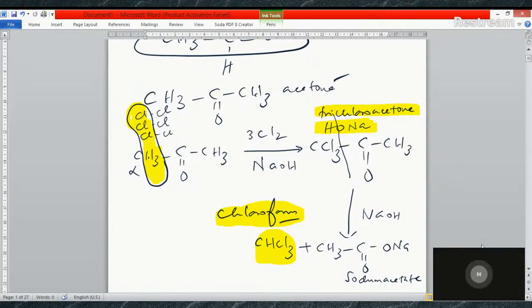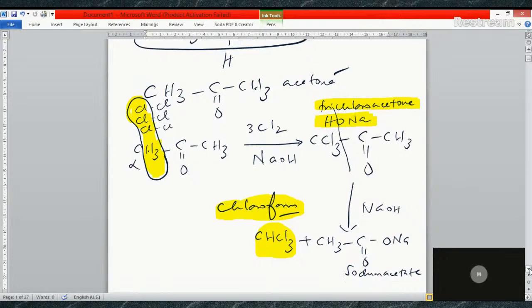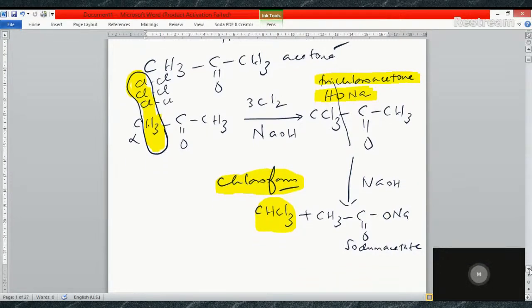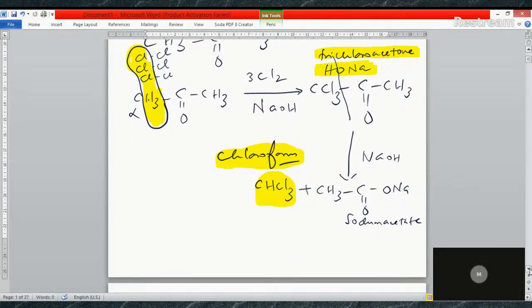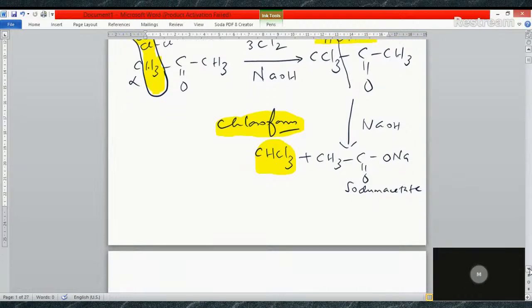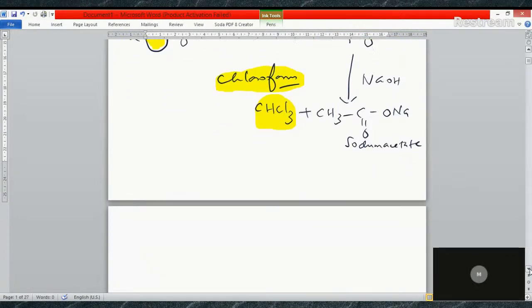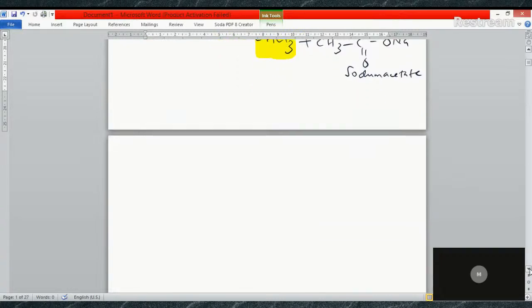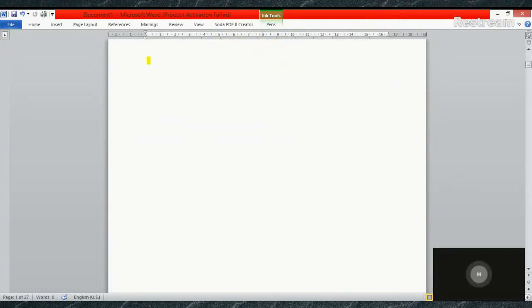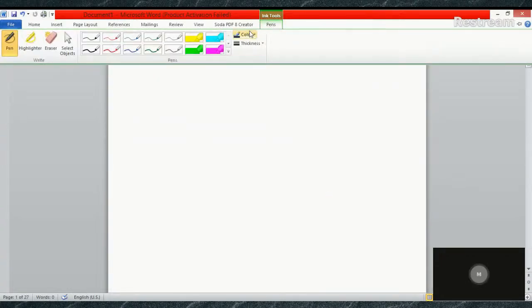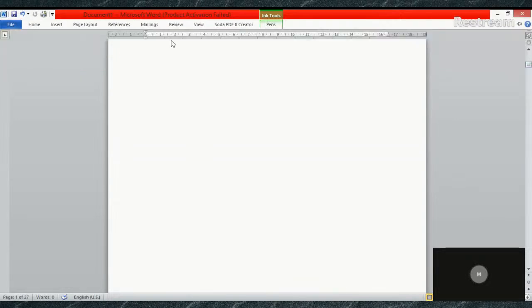Now the other topic would be Aldol condensation. What is called Aldol condensation? Aldol condensation reaction is explained as follows.